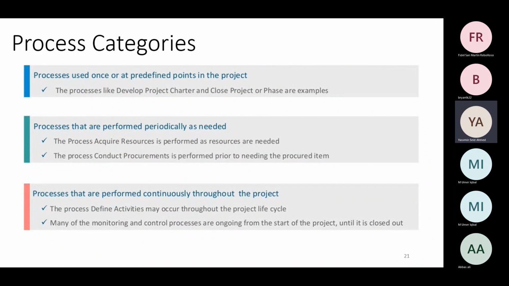So we have just seen a bit about process groups and knowledge areas. Now let's talk a bit about the different processes that we just saw here. There are 49 of them. There are a few things that I just wanted to highlight about them. You'll find some processes that are performed only once or at a predefined point in the project, for example the project charter or close project or phase. Once you create a project charter in the beginning of the project, you just keep on referring to it.